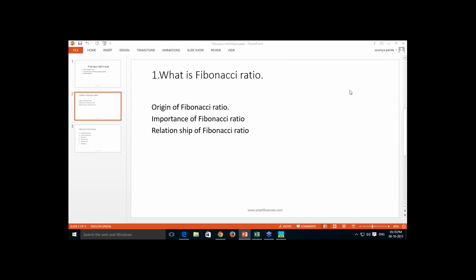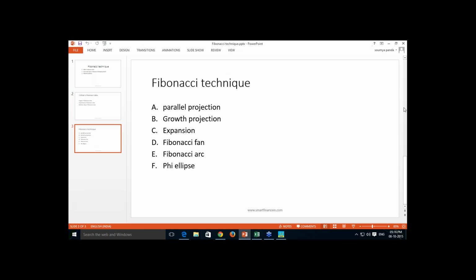This is also what are the methods present and how we can utilize those methods for our trade. Fibonacci methods, whatever is present till date, are parallel projection, growth projection, expansion, Fibonacci fan, arc and ellipse.